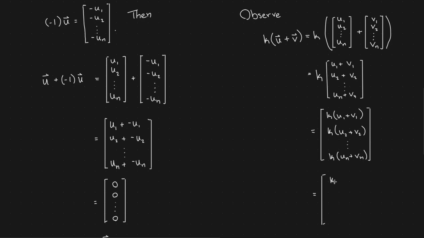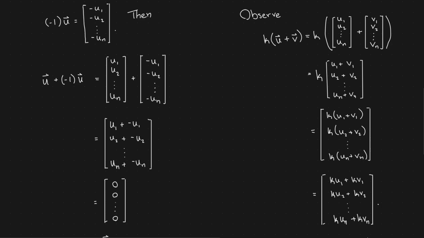So k times u1 plus k times v1. Second component, same thing, k times u2 plus k times v2, and all the way to the end, k times un plus k times vn. I'm going to stop there.